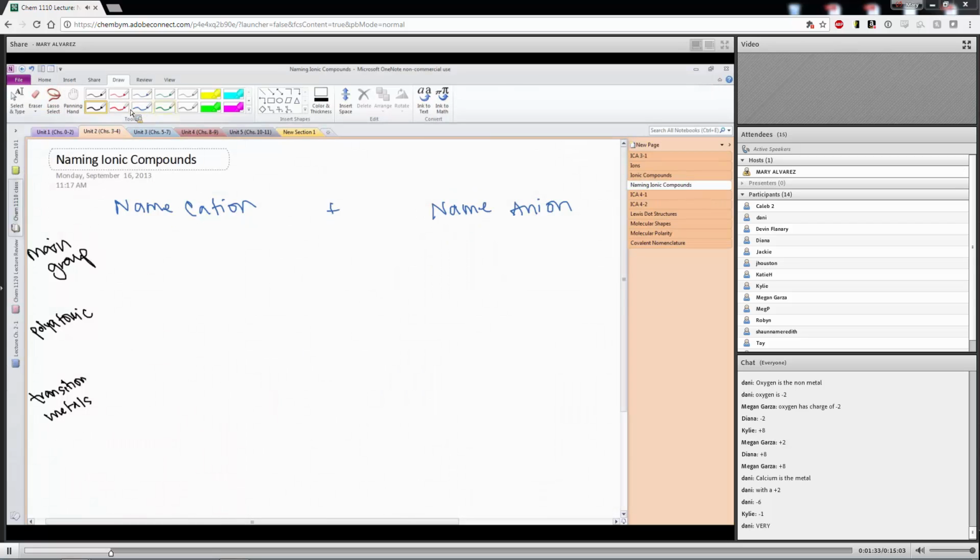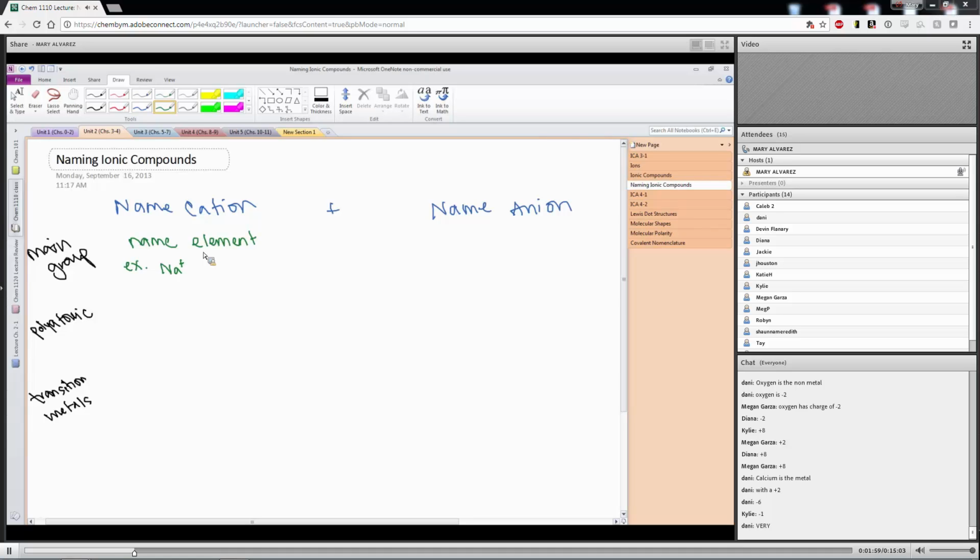So here we go. Naming cations from the main group. This is so easy. You just name the element. That's all. You don't even have to say anything about the charge. So for example, sodium ion is an ion that comes from the main group, that here's a cation, and we just call it sodium.